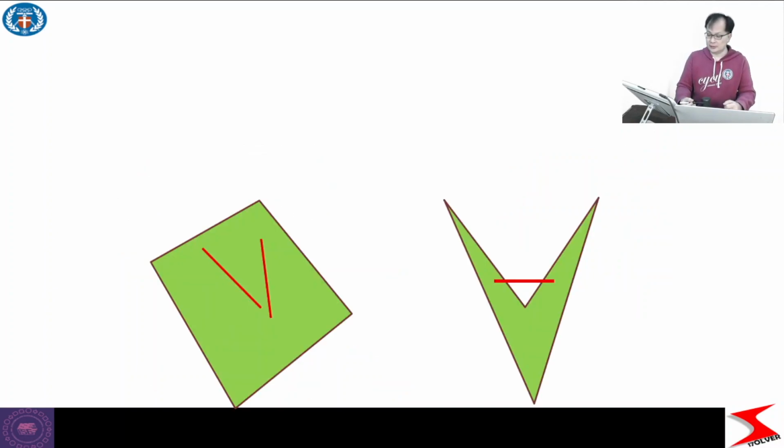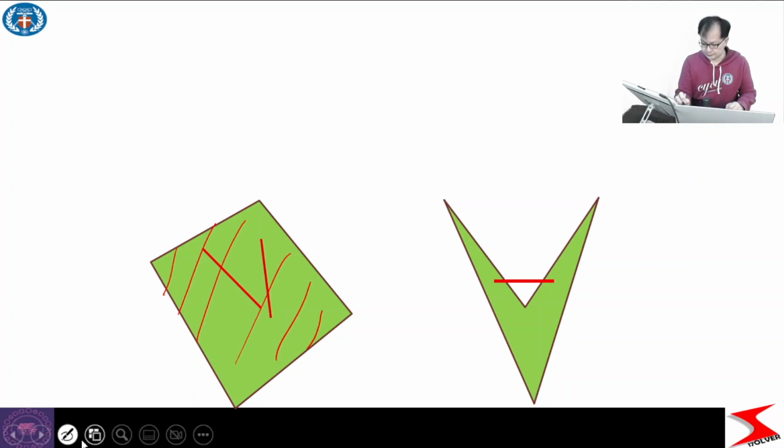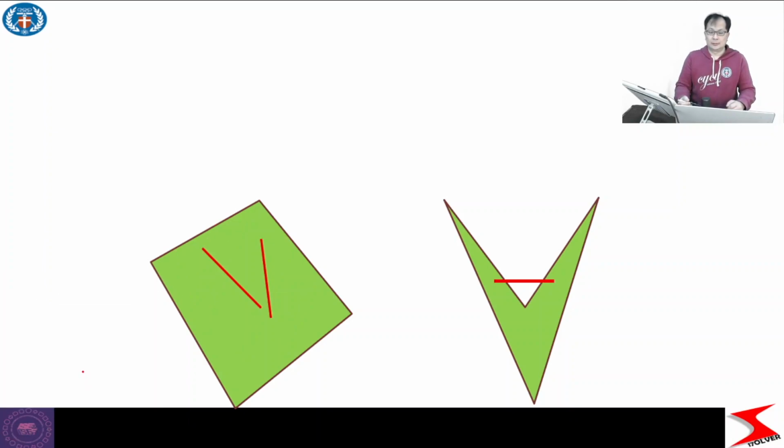Here there are two sets. The first one is this square. We take an arbitrary line segment. For example, here is x, here is y, and this is the line segment, and any two points connected together still lie within this set.